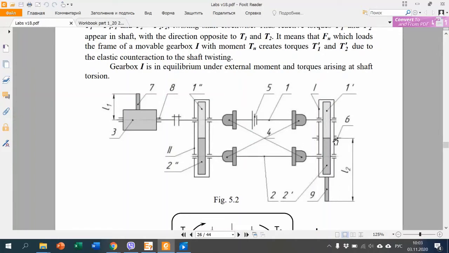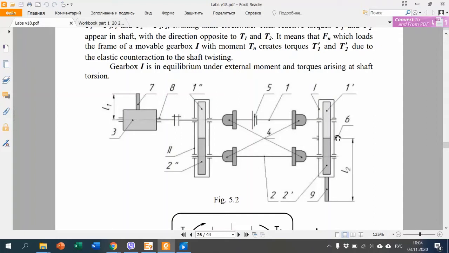It is very easy. We change load on arm L2, and we will have higher load between teeth in the gearbox. So, the idea: we create circulating power by means of turning one of the gearboxes about the axis.